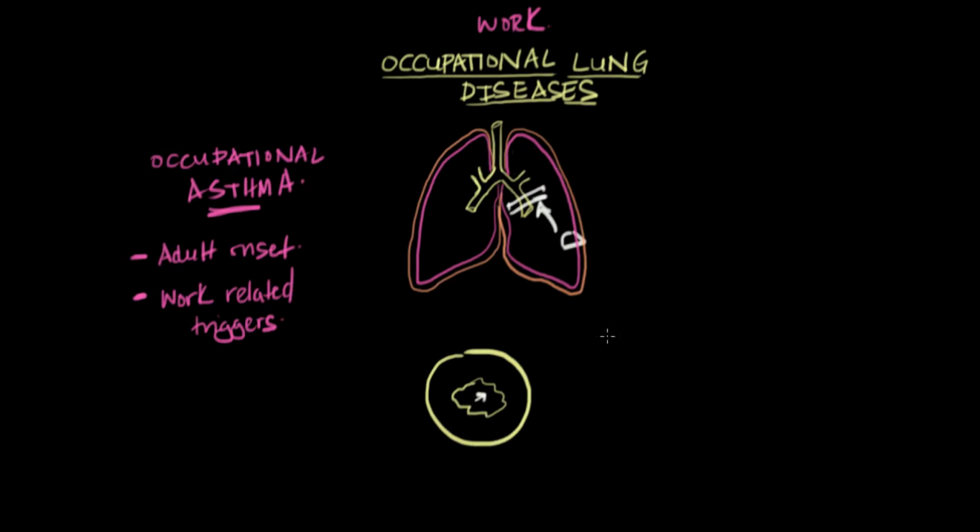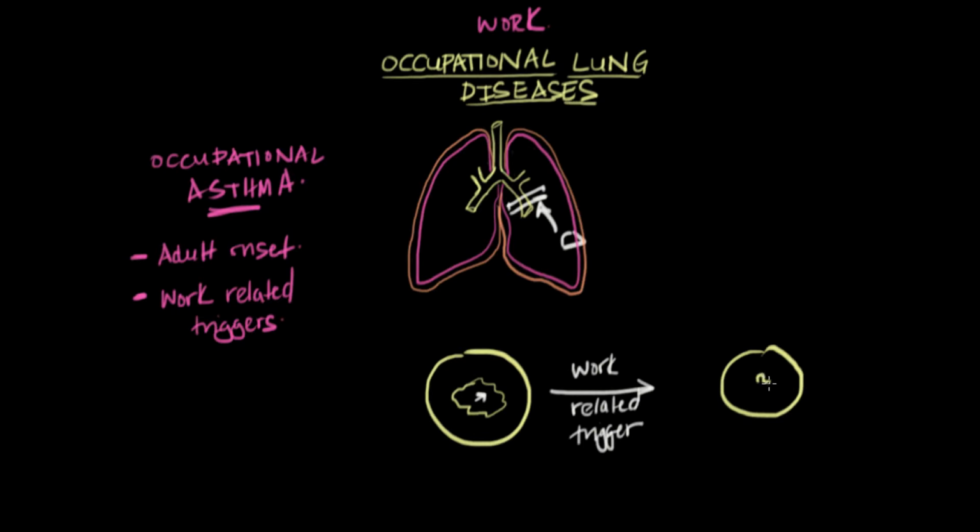All right. So what happens in occupational asthma is, in response to some work-related trigger, a couple of changes occur to this airway. Firstly, the airway becomes smaller. You can see this airway is smaller than it normally is.